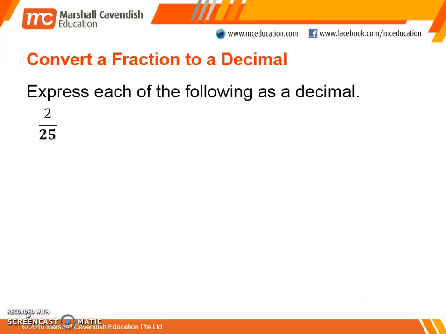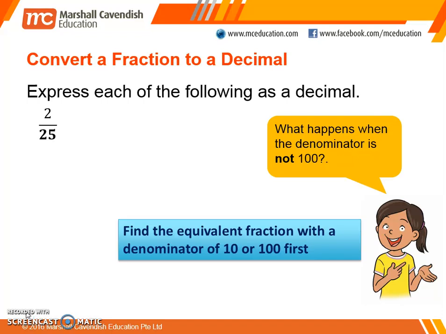This time, I have 2 over 25. Could you work this sum for me? Okay, let's give this a shot. We convert it to its equivalent fraction with a denominator of 100.